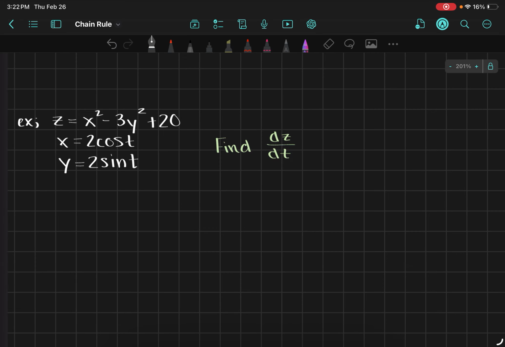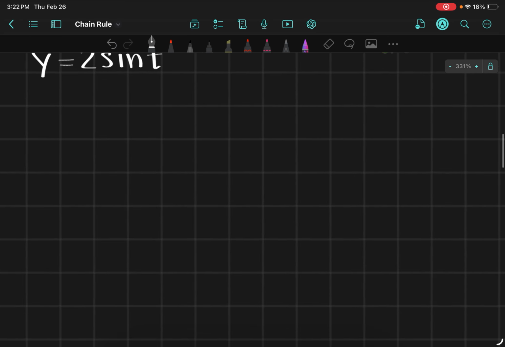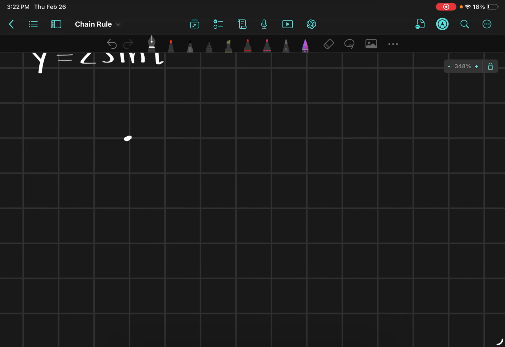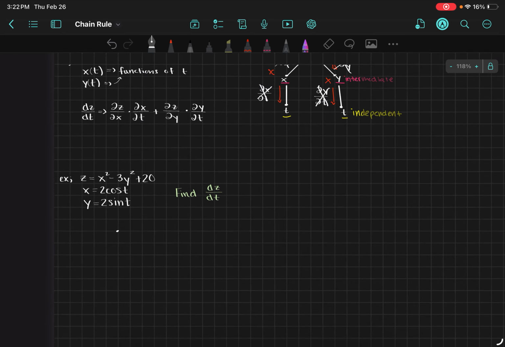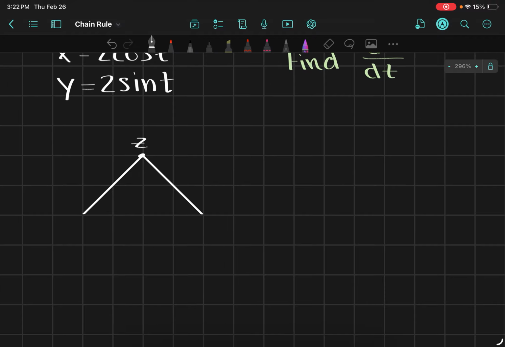It's the same concept. We're just going to go ahead and make a tree diagram. So what are we going to do? We are going to have our dependent variable up top. That is going to be our z, with two branches sticking out. Since z is a function of x and y, we are going to have x and y.